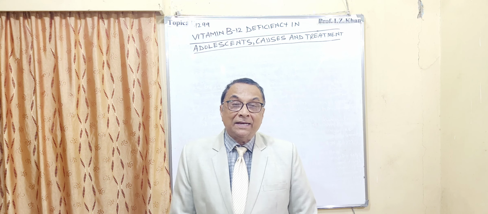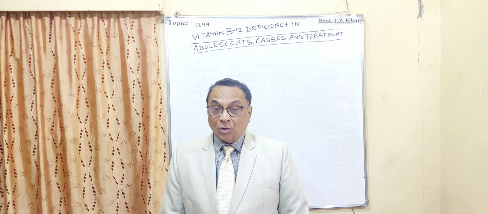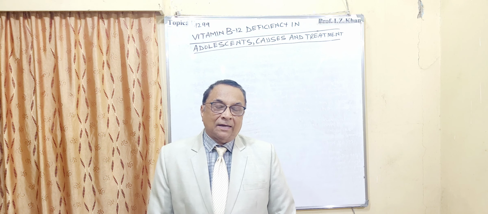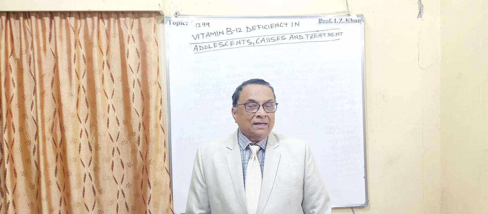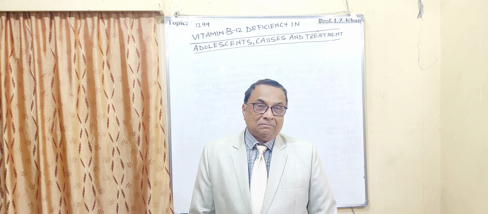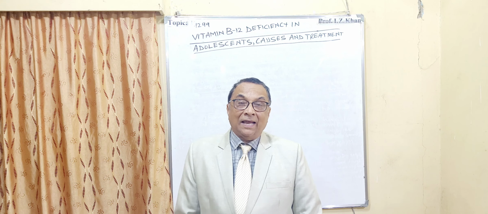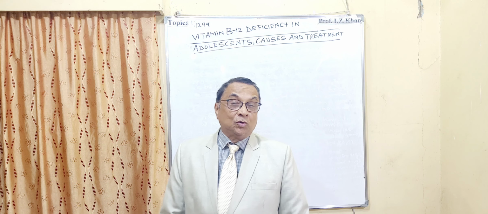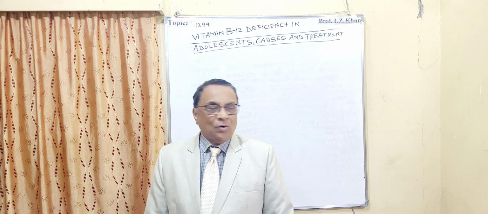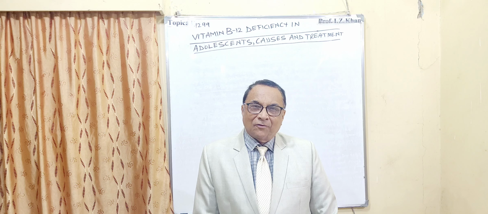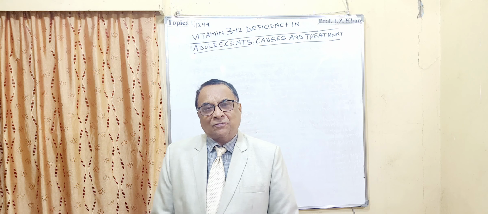And mainly, why is it deficient in adolescents? The reason is that adolescents are very active and they need a lot of energy, a lot of oxygen, and they are involved in a lot of outdoor activities: running, playing with friends, sometimes cricket, football.